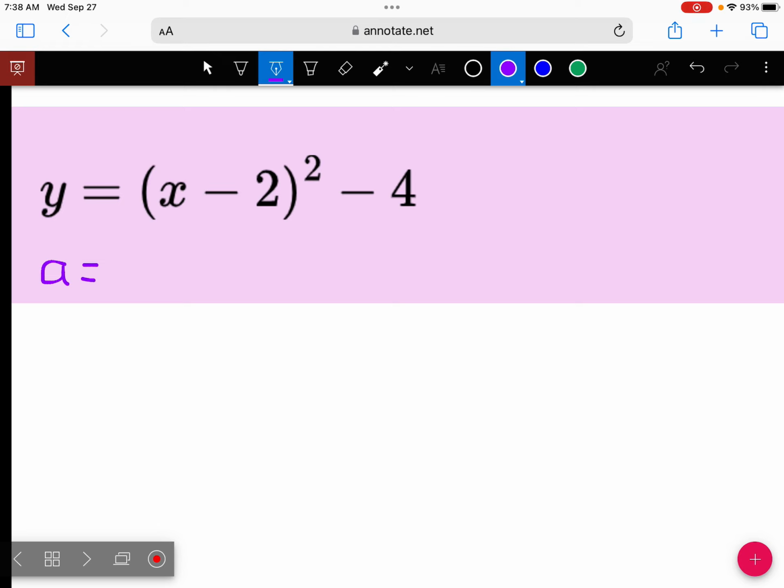Nothing. So if there's nothing multiplied out in front, what number is that going to be? Not 0. 1. because there's nothing multiplied out in front. If it was adding, then it's 0. But if A is not there, it's just an invisible 1. How about our H value? Positive 2. And our K? Negative 4.